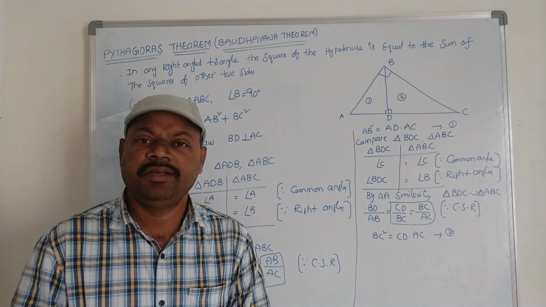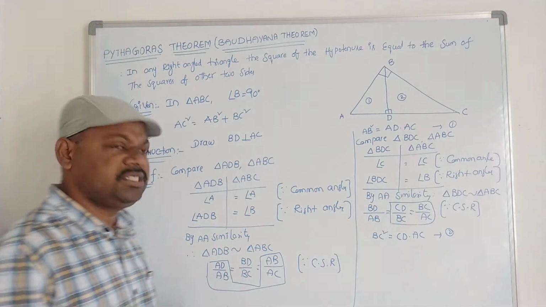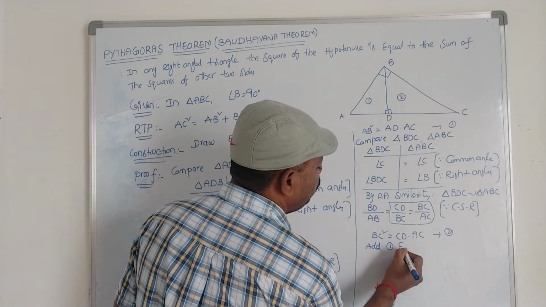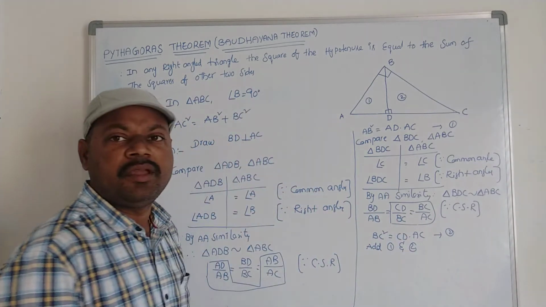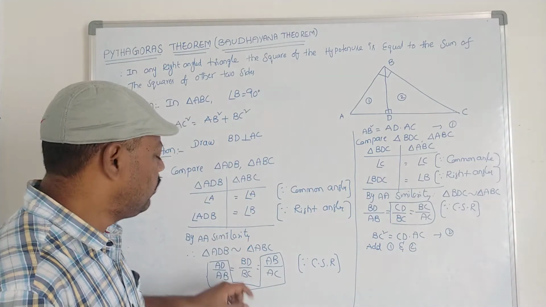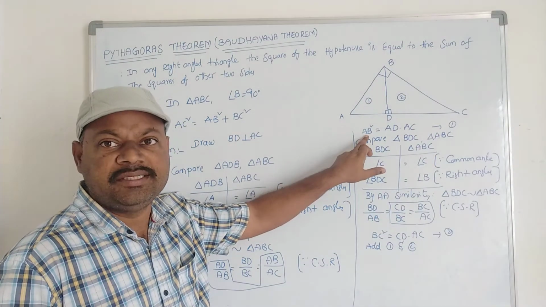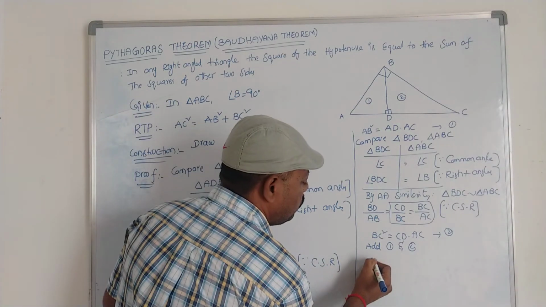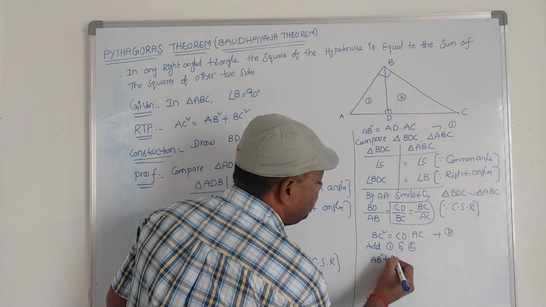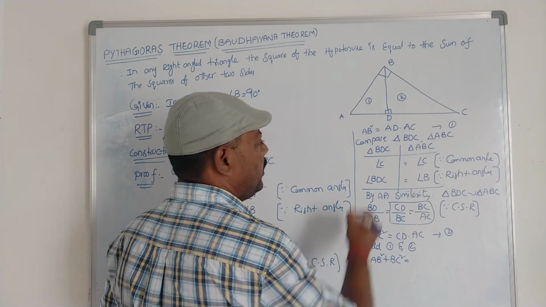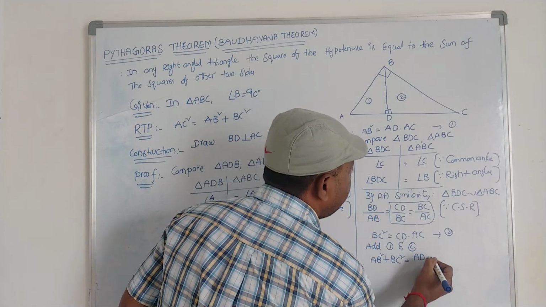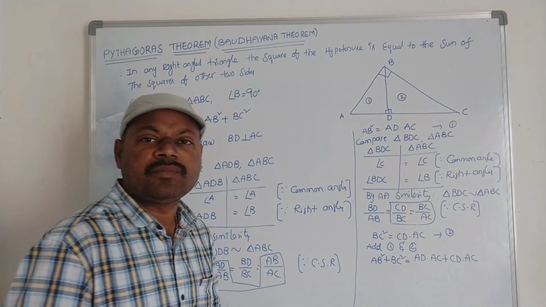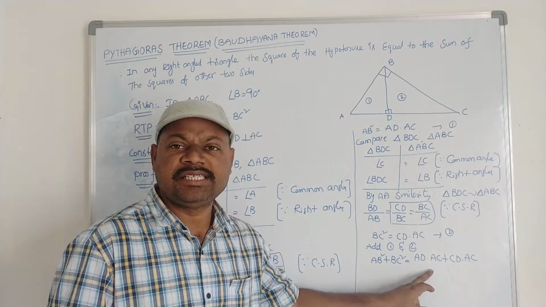Now add equations 1 and 2. The first equation's LHS is AB square, and the second equation's LHS is BC square, so AB square plus BC square equals the RHS values, AD into AC plus CD into AC. AC is common in the two terms.